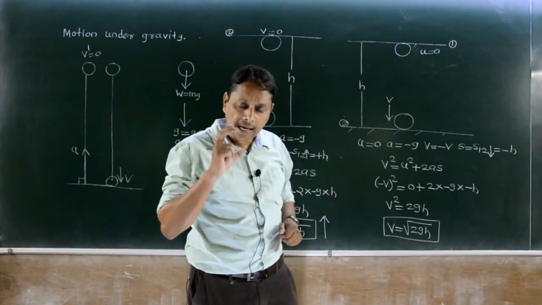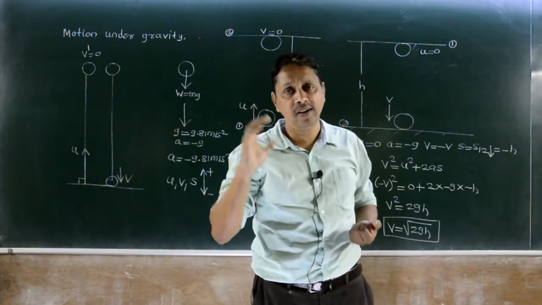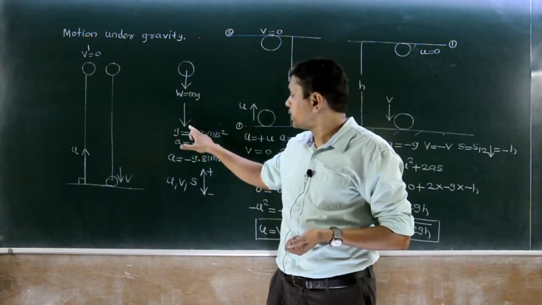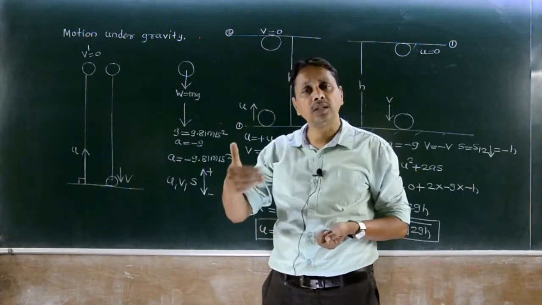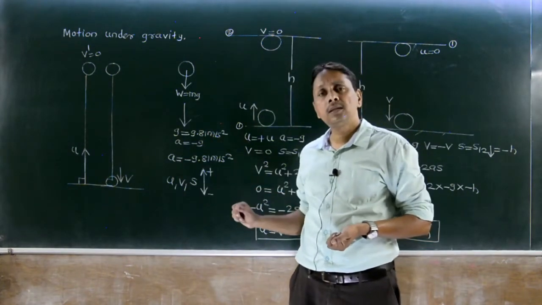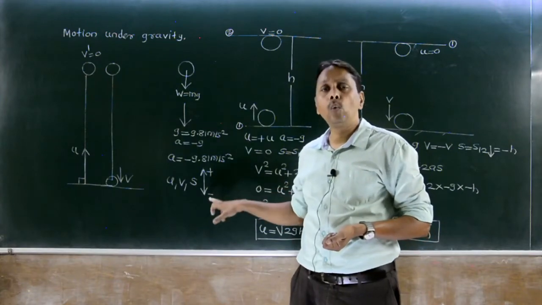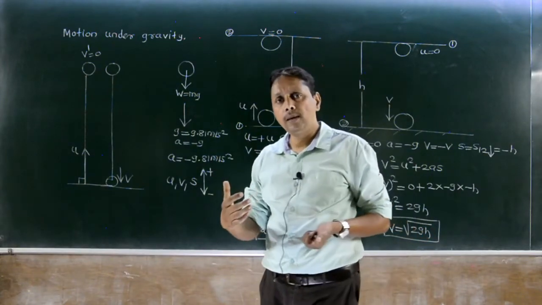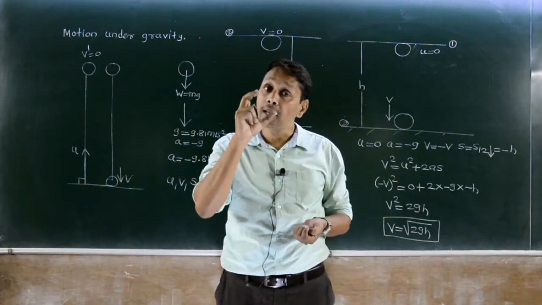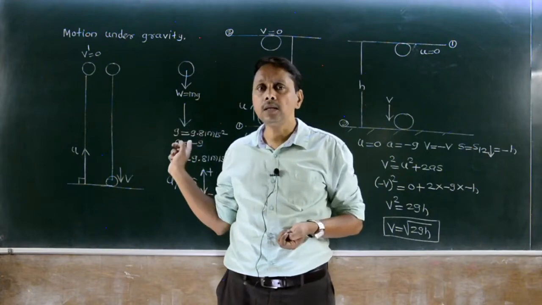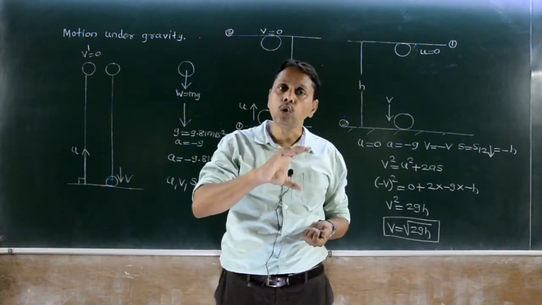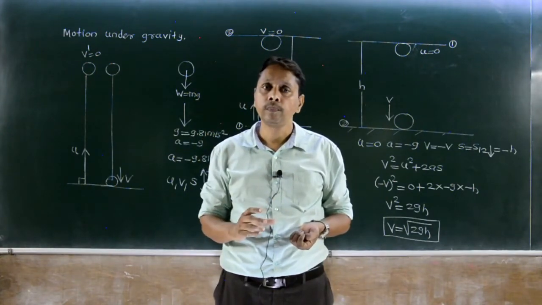Okay, so this is the sign convention for motion under gravity. Very easy sign convention. Always take a as negative, because acceleration due to gravity acts towards the center of the earth. Downward vector is taken as negative, and upward positive. In different books you are going to observe different sign conventions. But again I am telling you, this is the sign convention of engineering, with which we have to solve projectile numericals also.